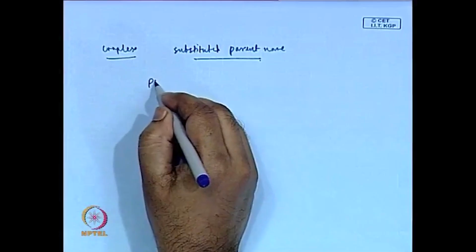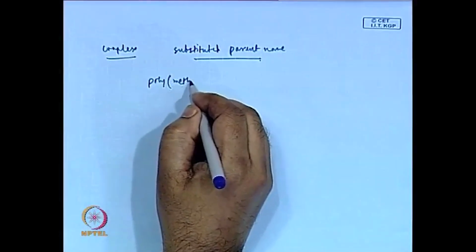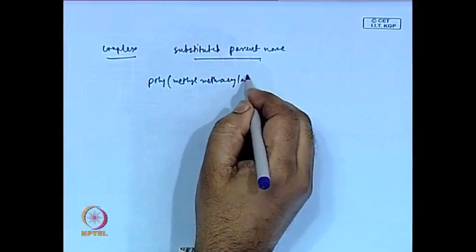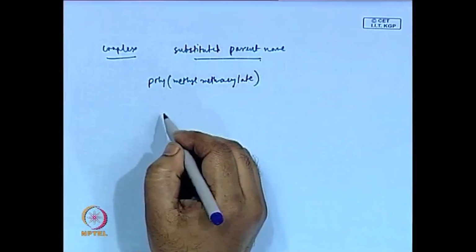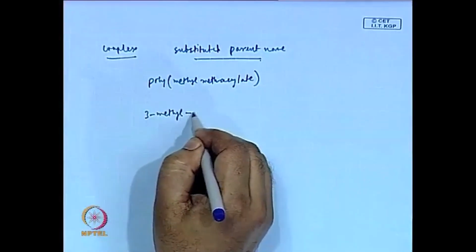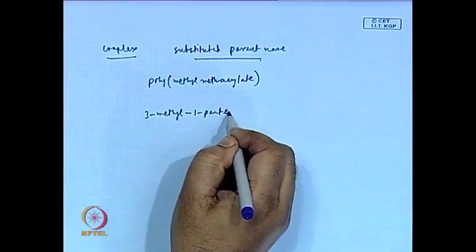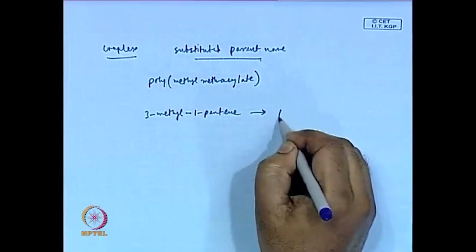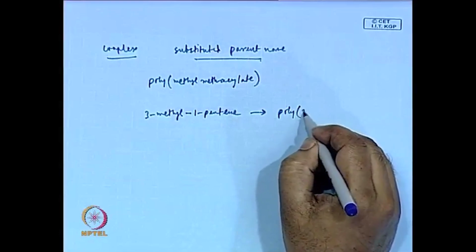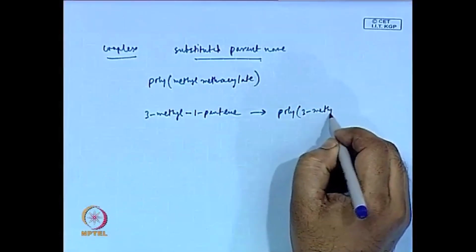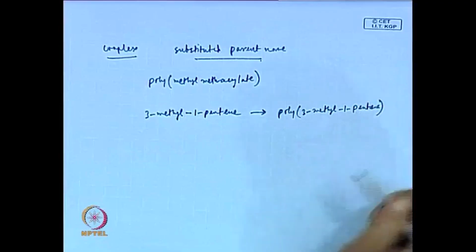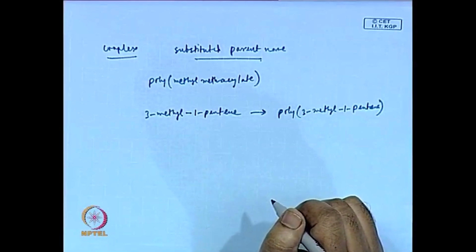For example, poly(methyl methacrylate), or a polymer formed from 3-methyl-1-pentene, because these have substituents. So, you have to put this monomer term within brackets.